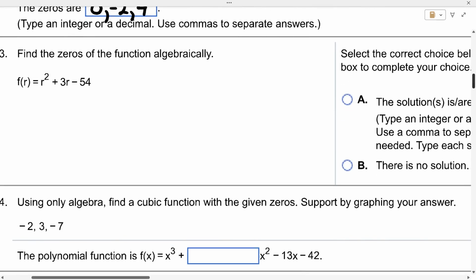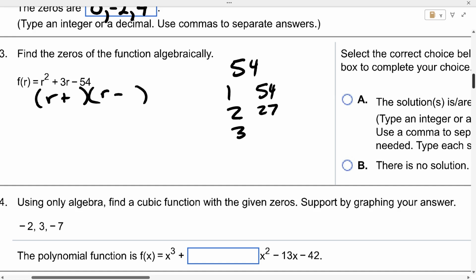Find the zeros algebraically. This is just factoring, is what they're asking you to do. This is negative, so we have opposite signs, plus and minus. What are factors of 54? They're 1 and 54, 2 and 27. 3 goes in 18 times. 4 doesn't go in there, 5 doesn't go in there, 6 goes in there 9 times, and hey, there we are.